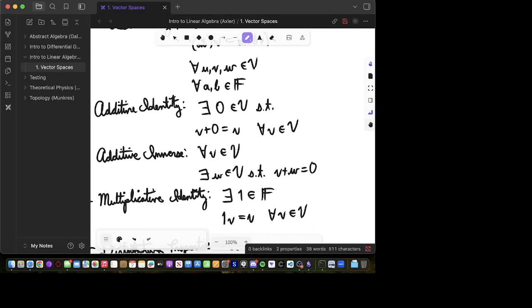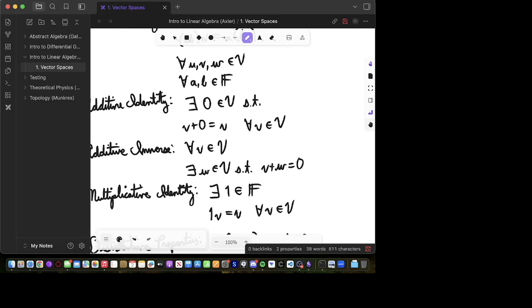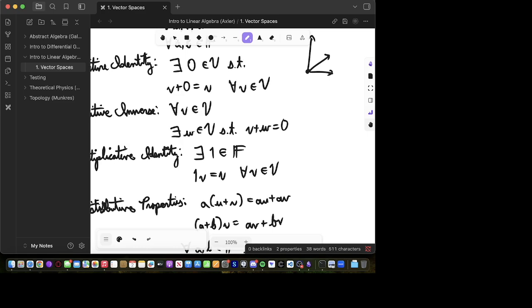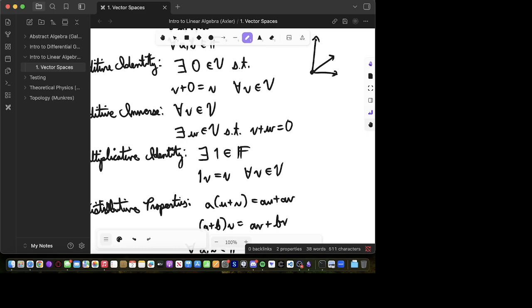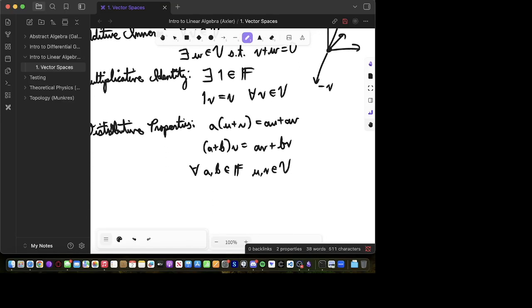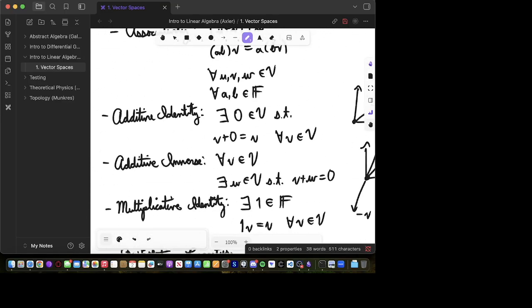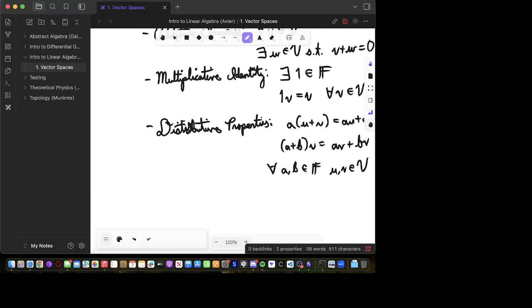For example, this 0 in V would just be the 0 vector, the arrow with 0 length. And if we have a vector like this, maybe there's a vector in the opposite direction, which we'll denote by negative v. And as you can see, if we add them together, we get the 0 vector. That's sort of what we're dealing with here.